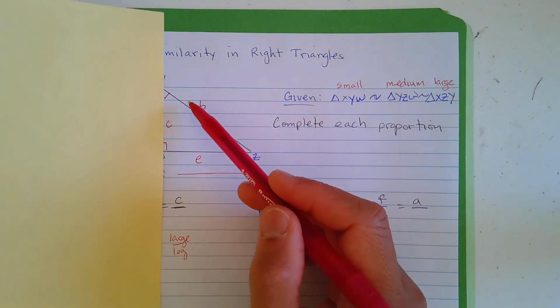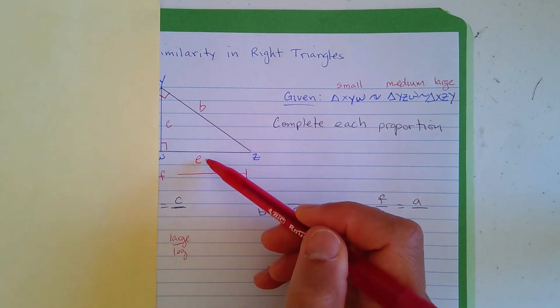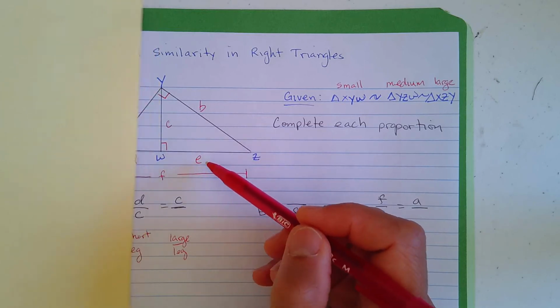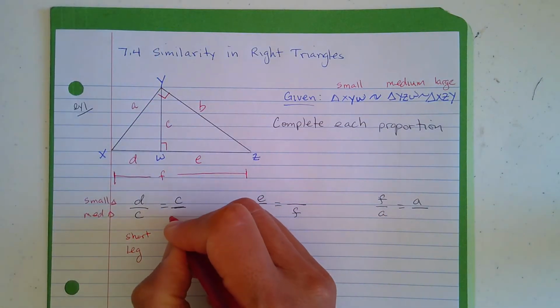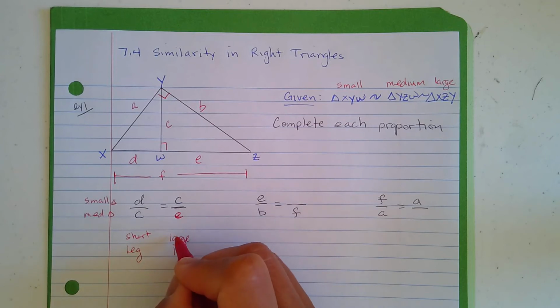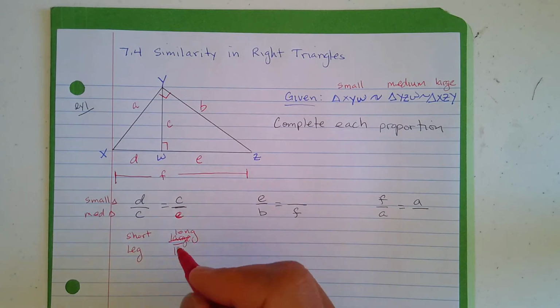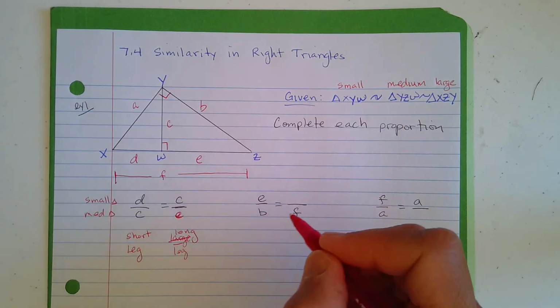If this is the medium triangle, that's the hypotenuse, short leg, that must be the long leg. So this is E. And make this the word long, not large. So the answer is E.